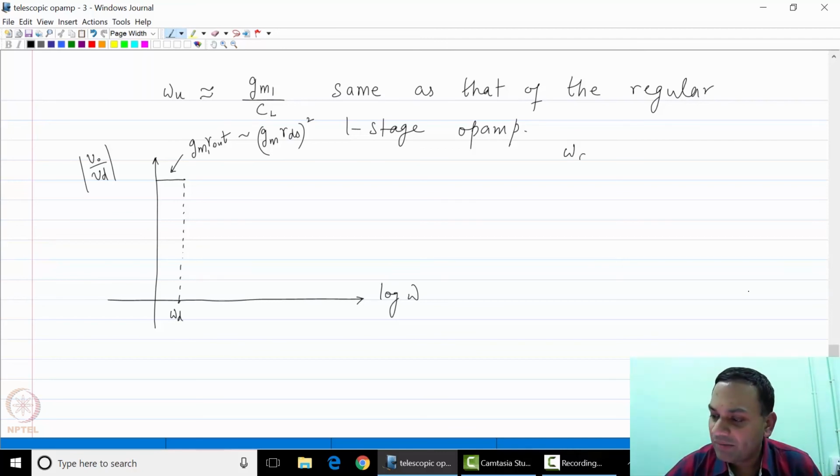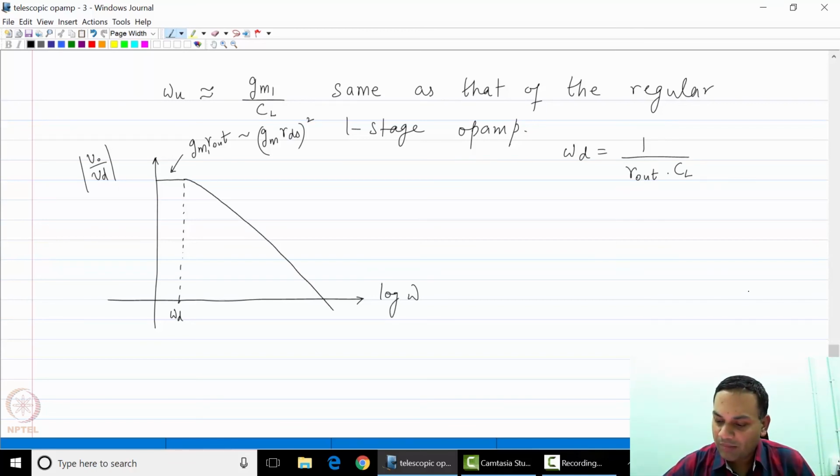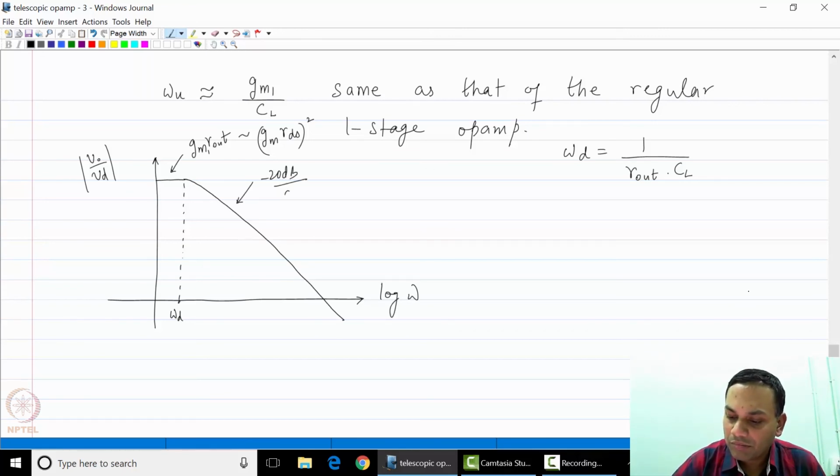So omega d is 1 over R out times CL, and beyond this point the op-amp has a minus 20 dB per decade roll off until it hits omega u.